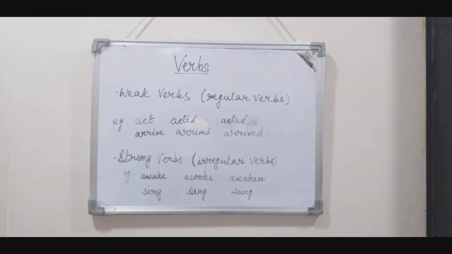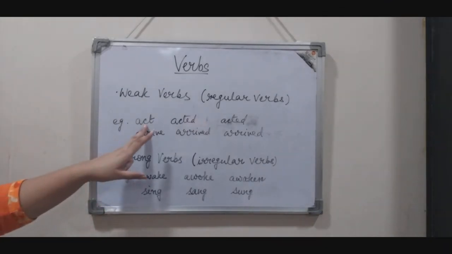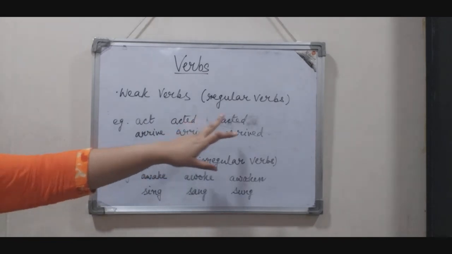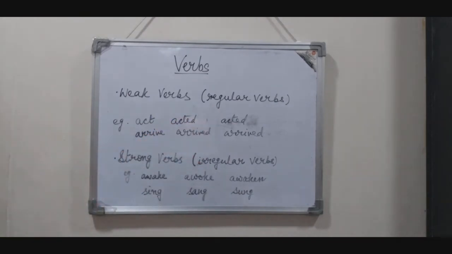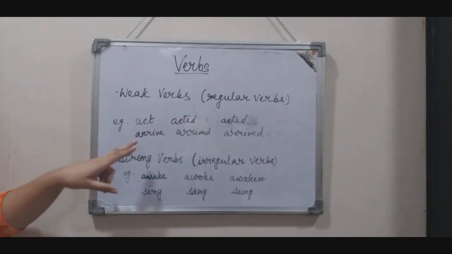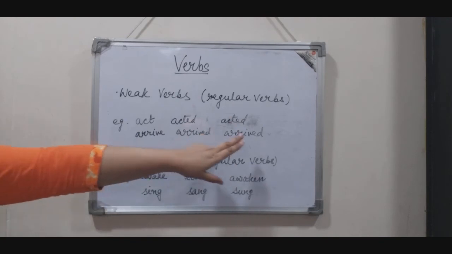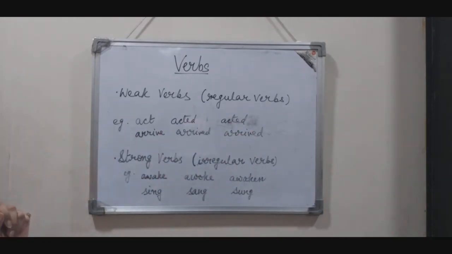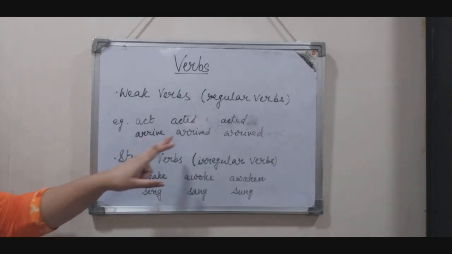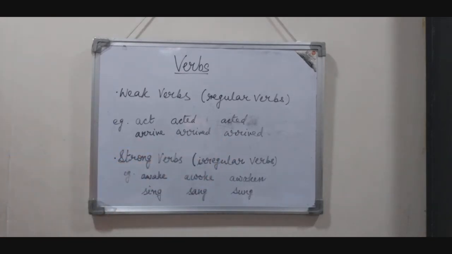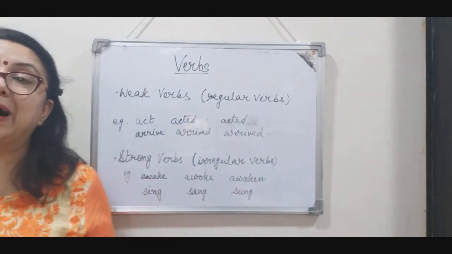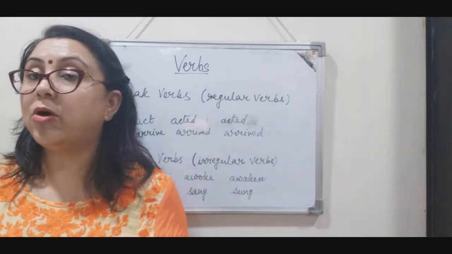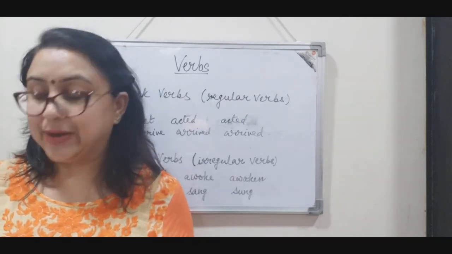Now, let us see the example. Act, acted, acted. So, we are adding ed in the past and the past participle form, right? Arrive, arrived, arrived. So, weak verbs form their past and past participle form by adding d, ed or t to the base form, right?